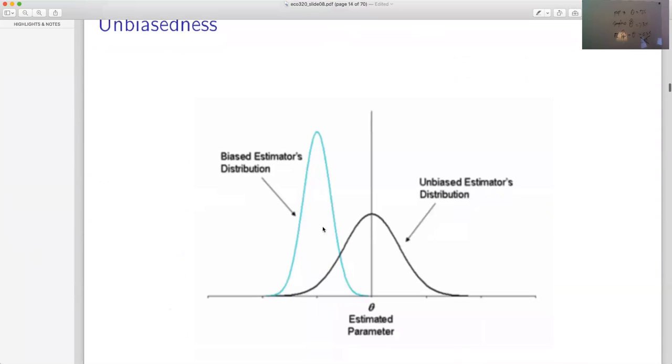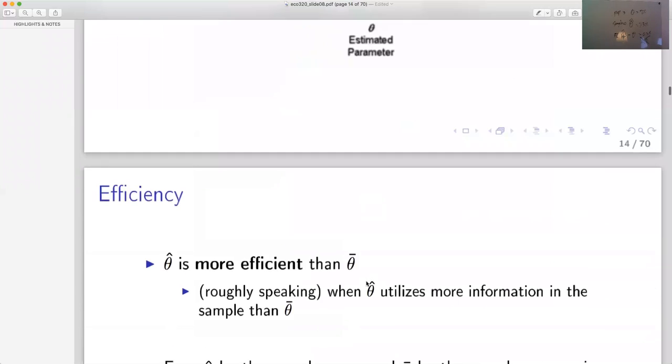This one has a smaller variance, which is good, but it has a bias, which is not good at all. On the other hand, this one has no bias at all, but the variance is so high. So this is actually a trade-off. In statistics, in general, you cannot have both, so you need to trade off one or the other.